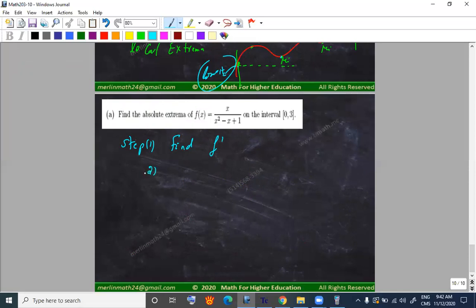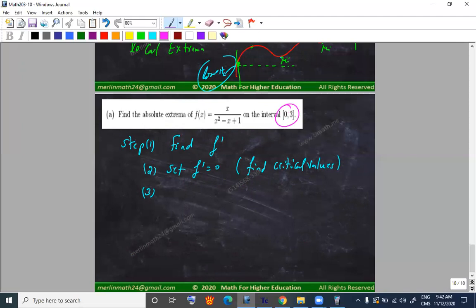Step 2: set f prime equal to 0, because you want to get the critical points, the critical values. Critical values are the values where the maximum and minimum occur. Then I want to take into consideration my interval.